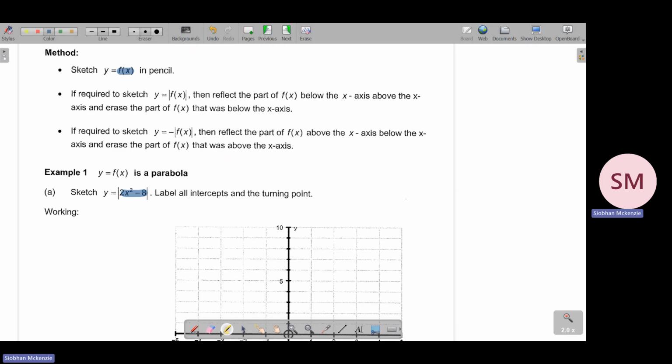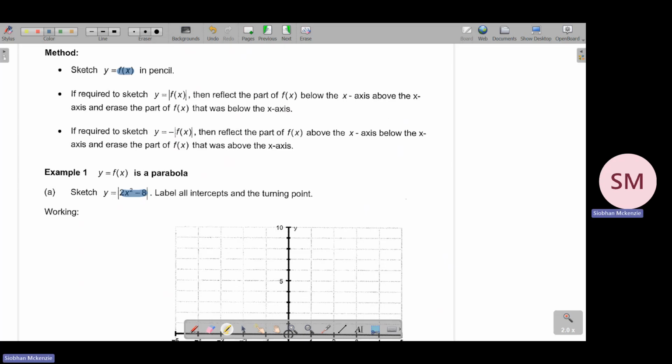You know how to sketch a parabola, or you should know how to sketch a parabola, and you will know how to sketch a parabola come the 11th of November. Okay. So we are going to first sketch that in pencil. Then you're going to interpret what they ask for. So if they are asking you to sketch the positive absolute value of f of x, you are going to reflect everything up over the x-axis. So everything that's under the x-axis now comes above the x-axis.